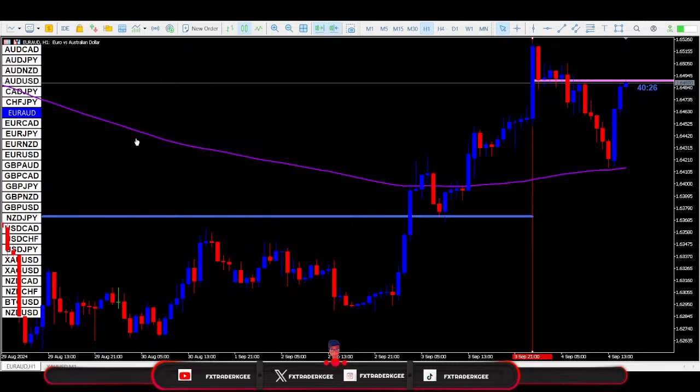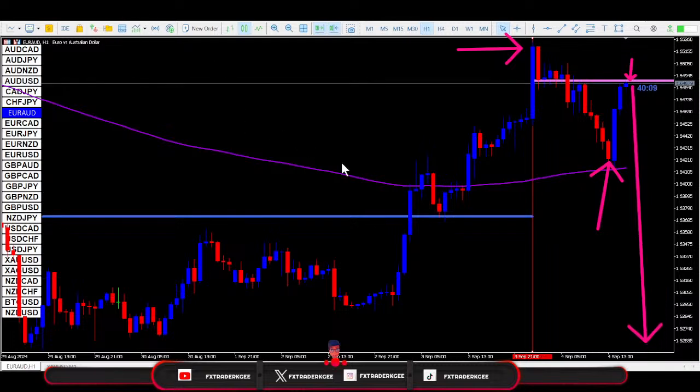In this regard too, it has formed my A, B, and C. This is my A, this is my B, this is my C. So using candle formation also helps me to identify a possible fall for Euro versus the Australian dollar. So for this currency pair, I am looking at the possibility for Euro AUD to sell.